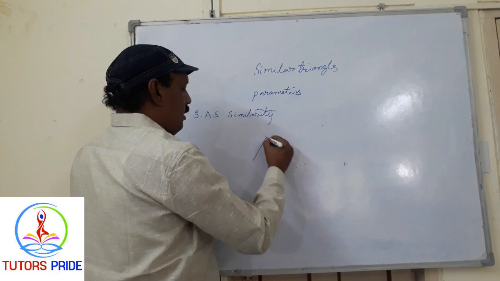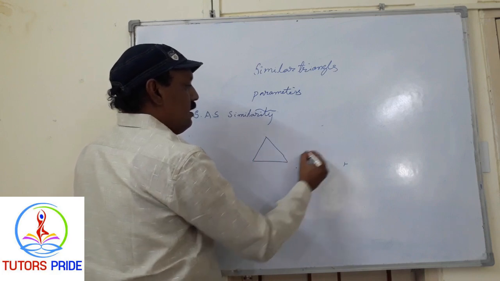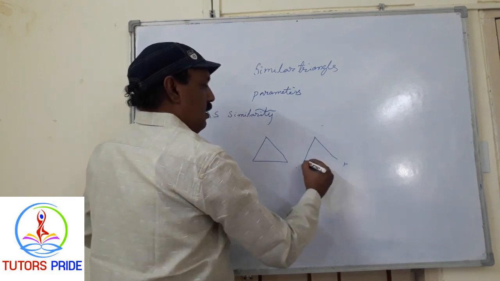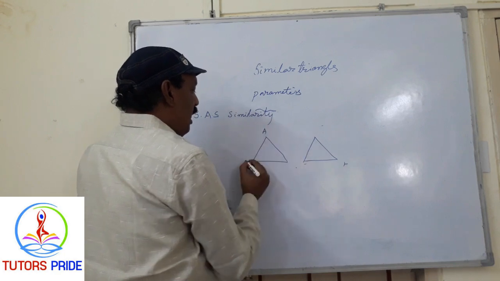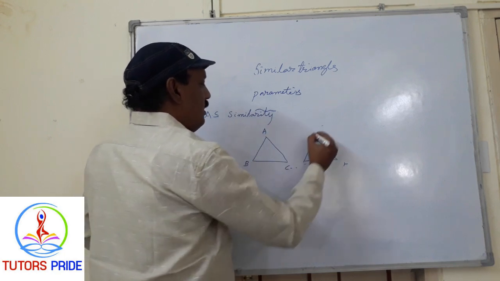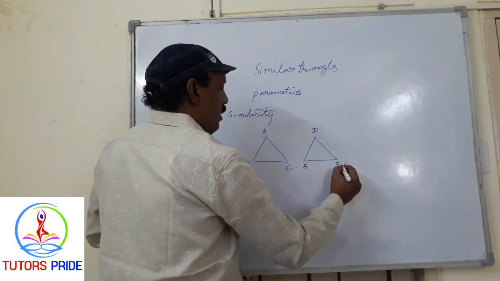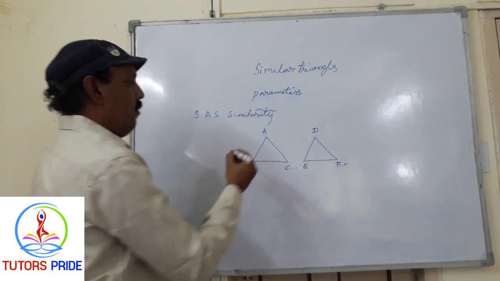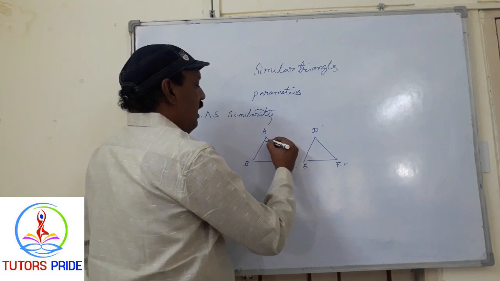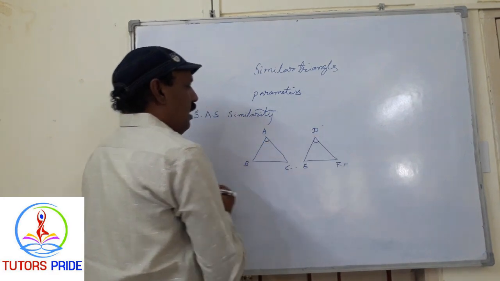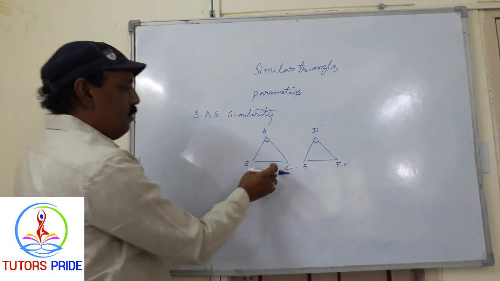In this case, again I am taking two triangles, ABC and DEF. Here the angle A, angle D I am marking. I am not marking the other two.